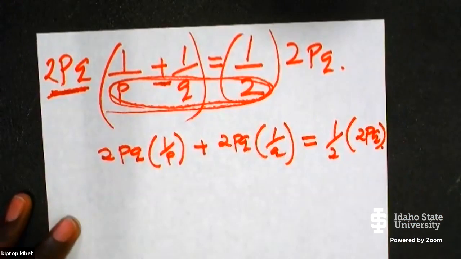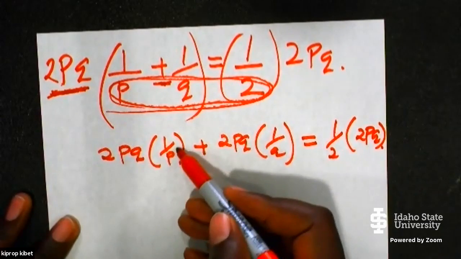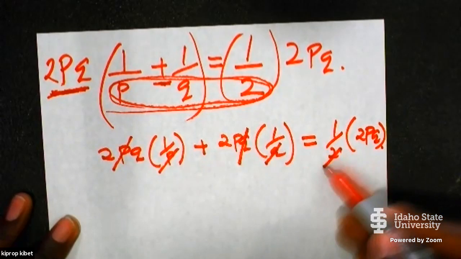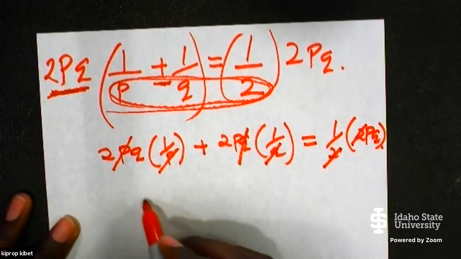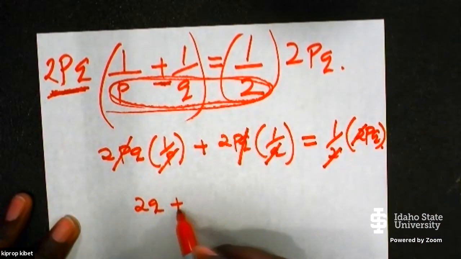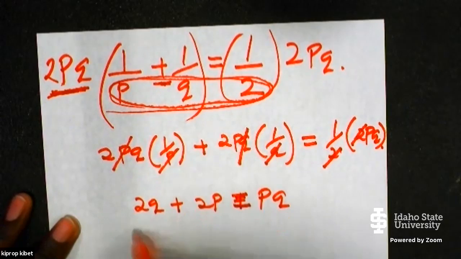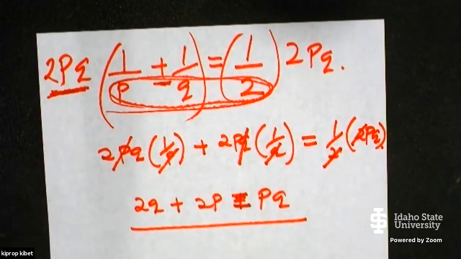Then you can cancel the ones which can be cancelled. So what you get here is 2q plus 2p equals p.